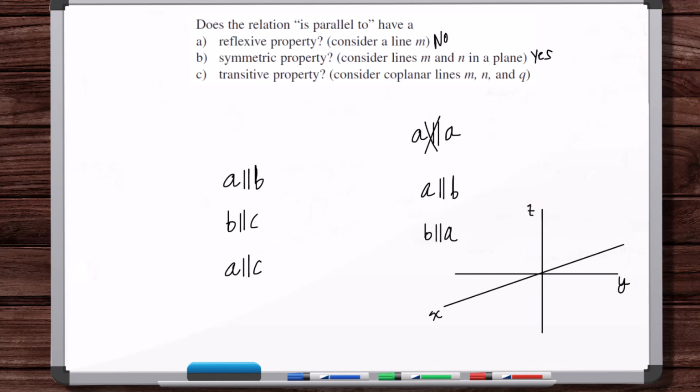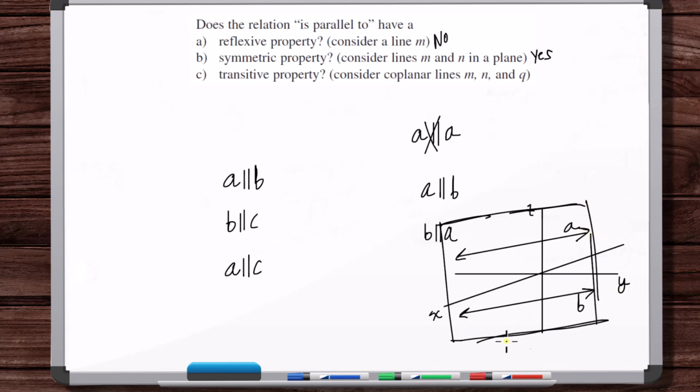So if you have, here's line A, and here's line B. Okay, line A and line B, they're parallel, contained in this same plane here, plane P. Okay, now, yes, if you put C in the same plane P here, then it is true that B is parallel to C and then A is parallel to C. But again, this has to be universally true for all scenarios.